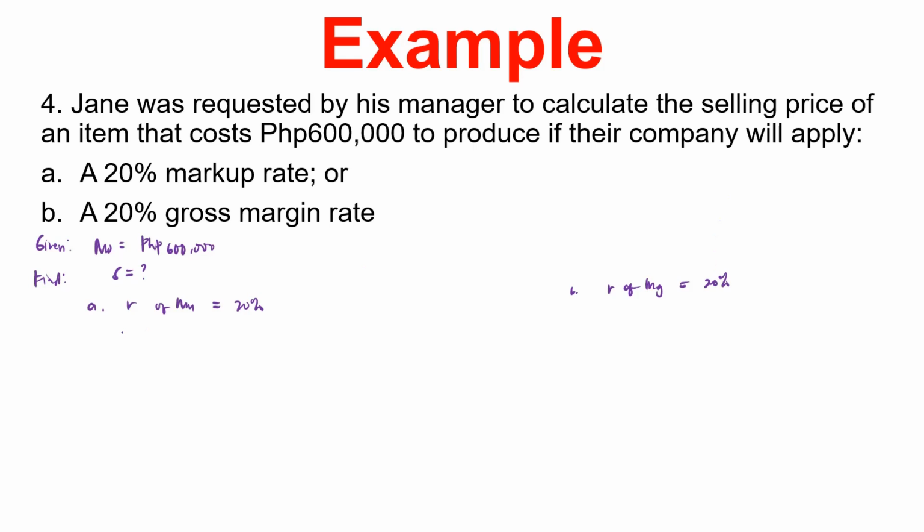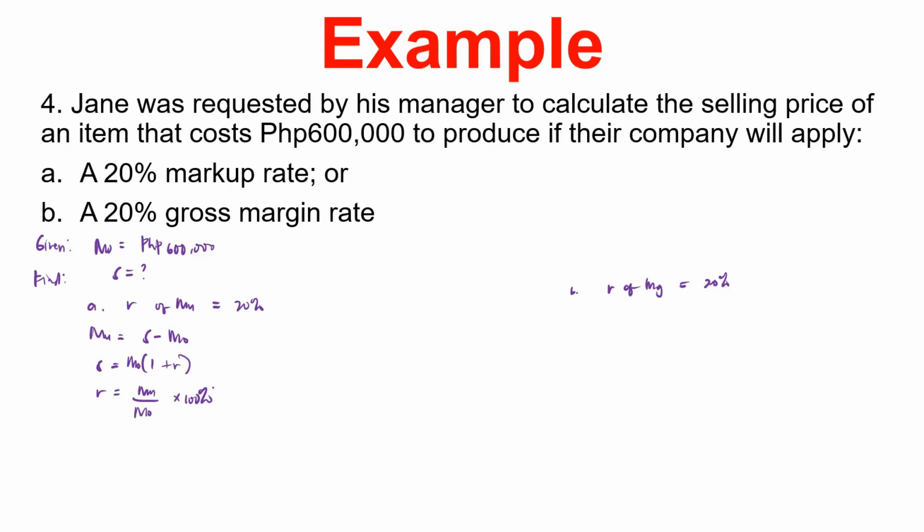Okay, so list down natin lahat ng formula na related kay markup at kay margin. Markup is equal to selling price minus cost price. Selling price is equal to cost price times 1 plus R. Nililisten ko lang lahat, class, para makita nyo kung ano yung kailangan natin.